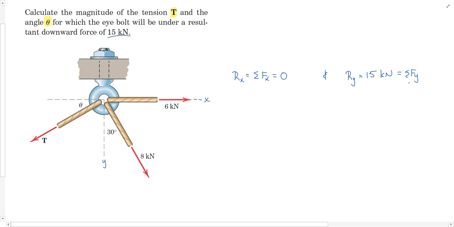These are the two equations we must solve, and we have two unknowns, T and theta, but we might solve this in a different way, so I'll show you a couple different ways.